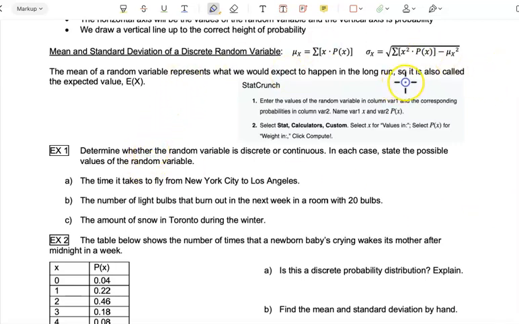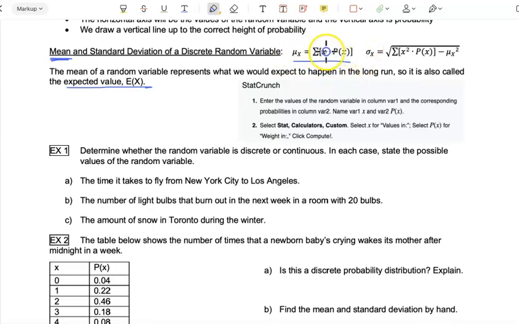So another term for the mean of the random variable is the expected value. These are one and the same. They mean the same thing, but you need to know that. When you're asked to find the expected value, you're really just using this formula here, the sum of all x times p of x.